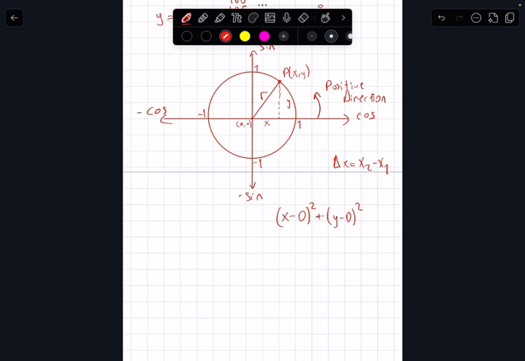Since this is addition, the order doesn't matter. It is equal to r squared. Take the square root of both sides. What do we have? x squared plus y squared is equal to r squared. Okay, that's the formula that we have.